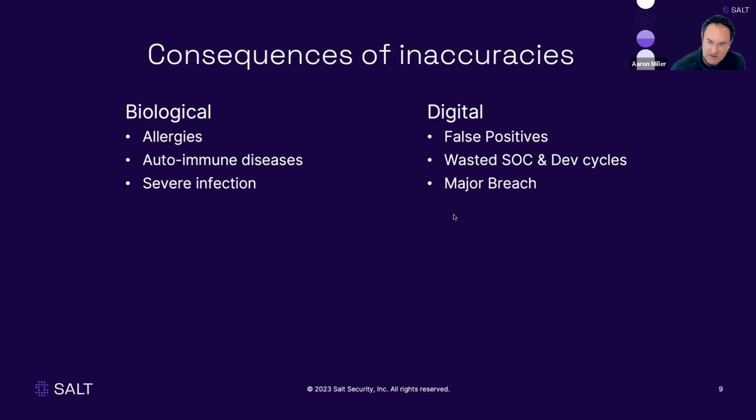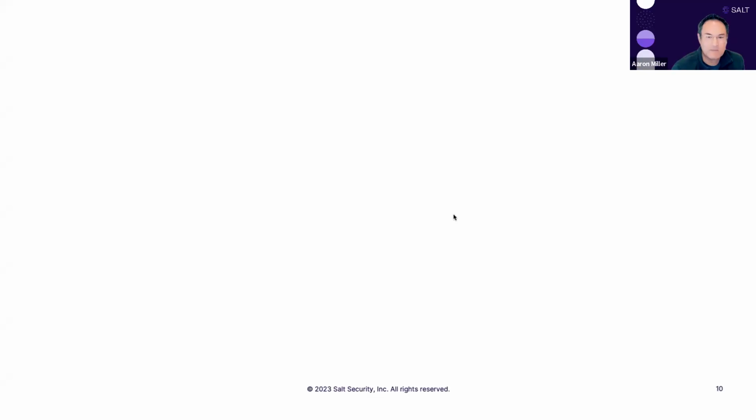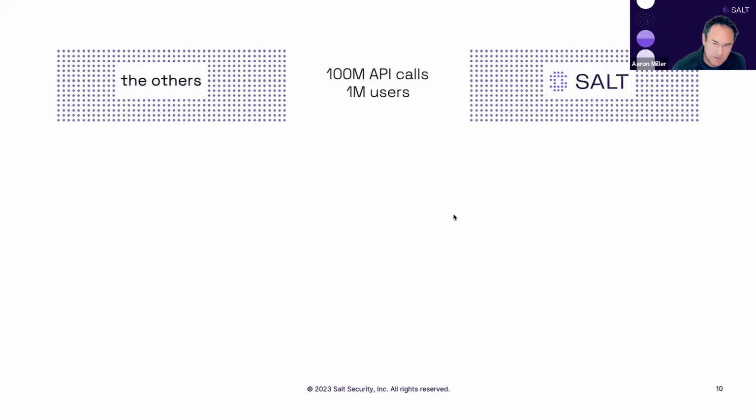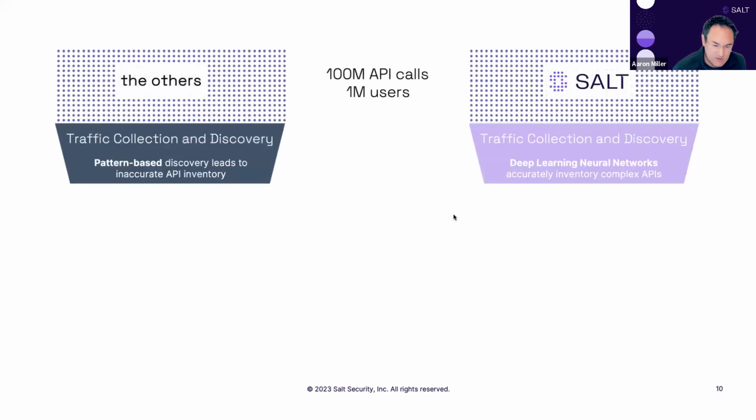And let's get into what this might look like, and how where I work helps solve this type of problem. Right? So number one, you have to have the ability to pick up anomalies in the traffic.